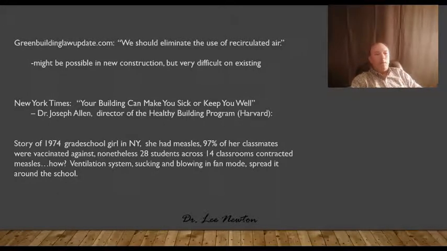I don't know how many classmates she had. It wasn't apparent from the article. However, 28 students across 14 different classrooms contracted measles. And how is that possible? Ventilation system, sucking and blowing, sucking in the contaminated air, blowing it out elsewhere.